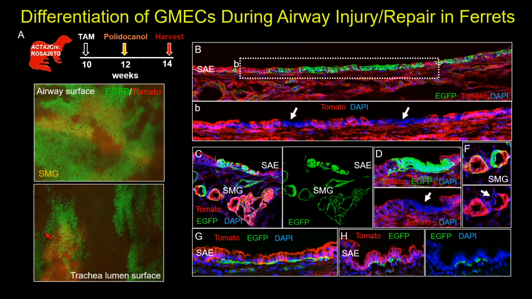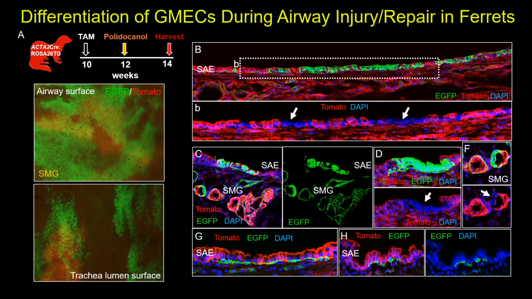To test whether myoepithelial cells are involved in airway injury and repair, like in mice, we gave tamoxifen to the ACTA2 lineage ferret and then injured it with an intratracheal spray of polidocanol, a detergent. Two weeks later, we can see a large cluster of GFP-positive cells, as shown in the left epifluorescence images of the whole mount tracheal lumen surface.